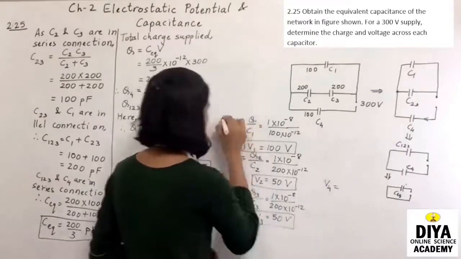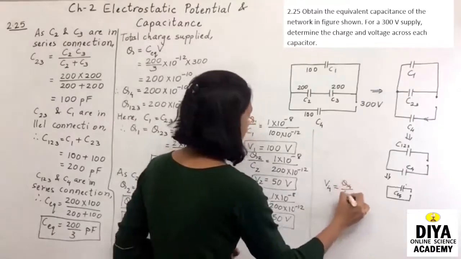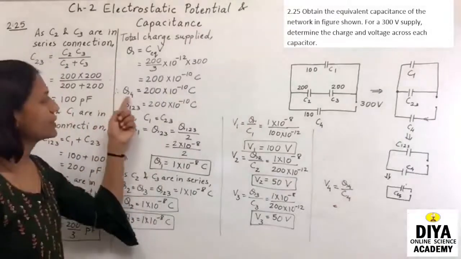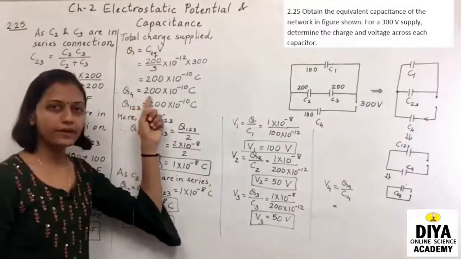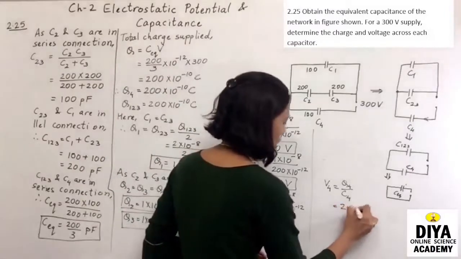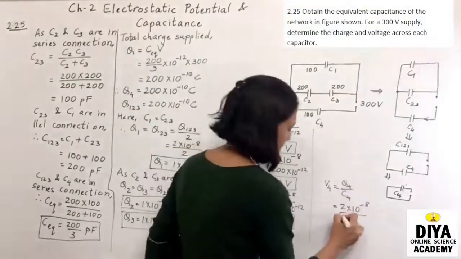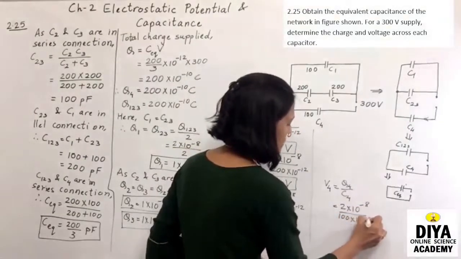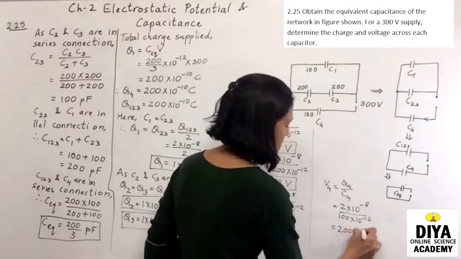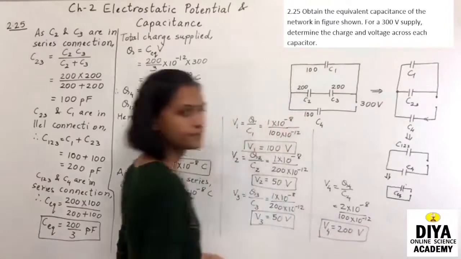V4 equals, similarly, Q4 by C4. Q4 equals 200 into 10⁻¹⁰, or 2 into 10⁻⁸. C4 is 100 into 10⁻¹² equals 200 volt. V4. So these are all the answers.